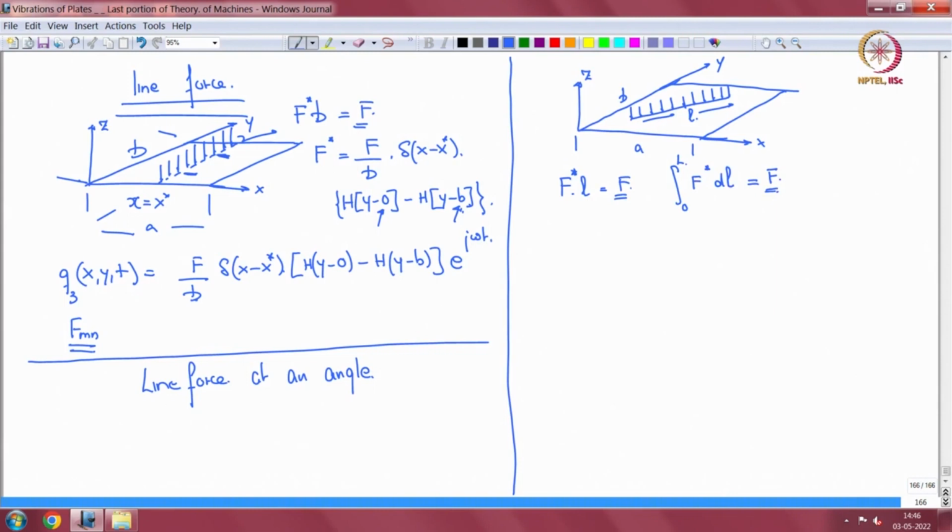Okay. But in actuality, when I compute from my Q3, my Fmn, what do I get? One of the integrals is 0 to a dx. It is an integral along x.